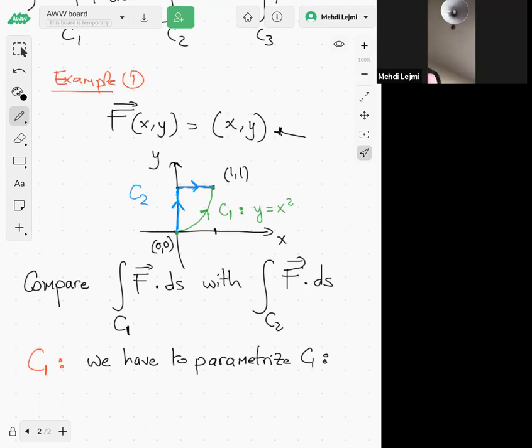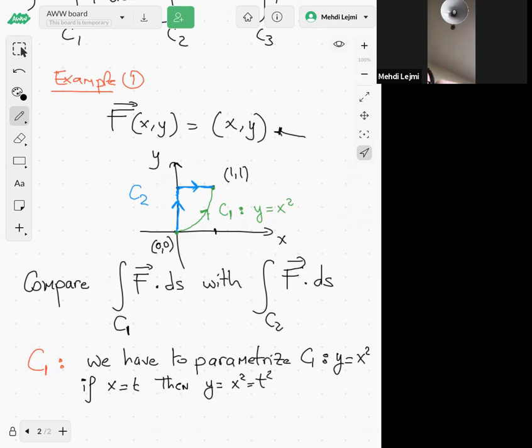Which is just a portion of the parabola y equals x squared. So for example, if we say x is t, that would be the simple choice. If x is t, then of course y, which is x squared, would be t squared.